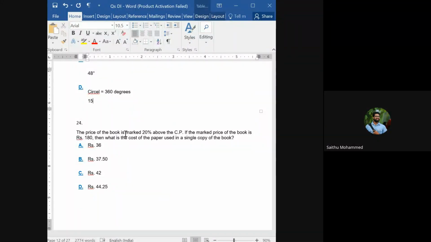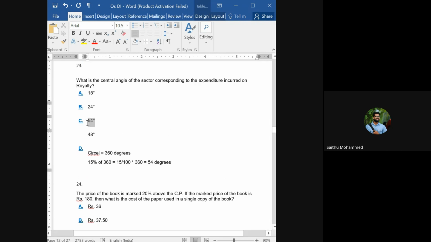So 15% of 360 is equal to 15 by 100 into 360. Right? That we will be getting 54. Okay, so the answer is 54 degrees, option C, 54 degrees.